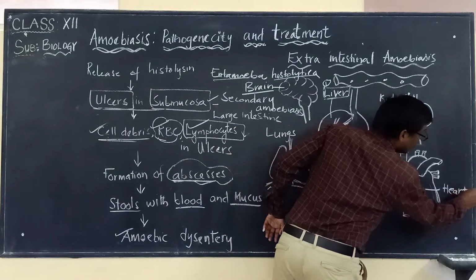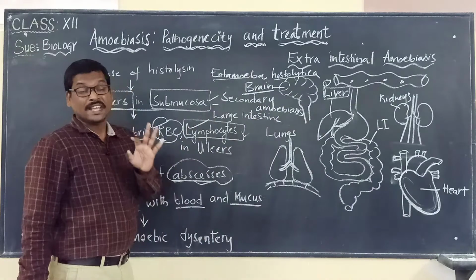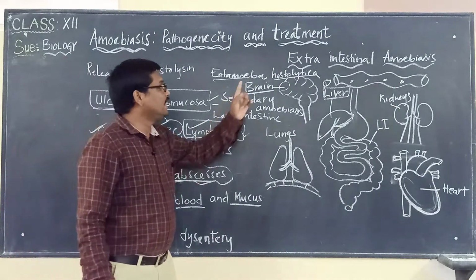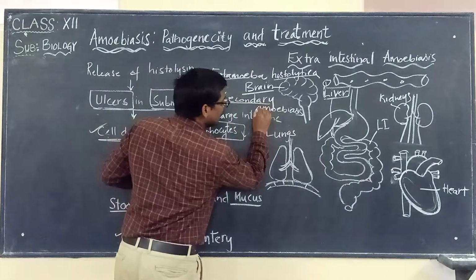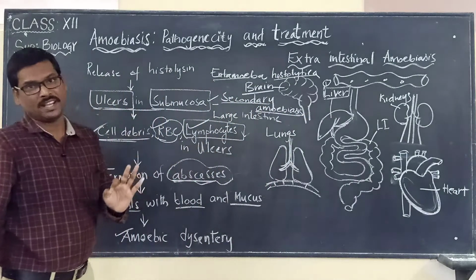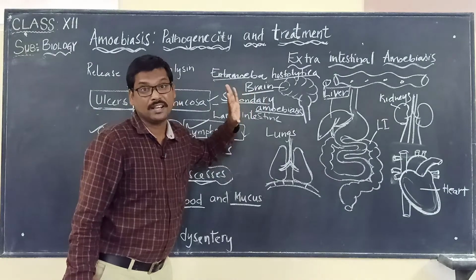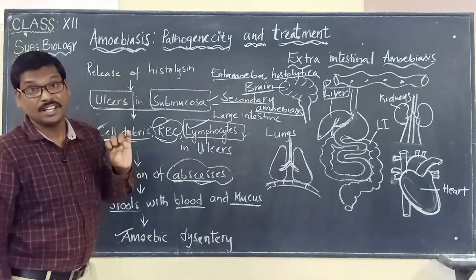All these important organs in our body can be attacked by Entamoeba histolytica. This we are calling what? Secondary amoebiasis. This will cause severe damage to that particular individual.